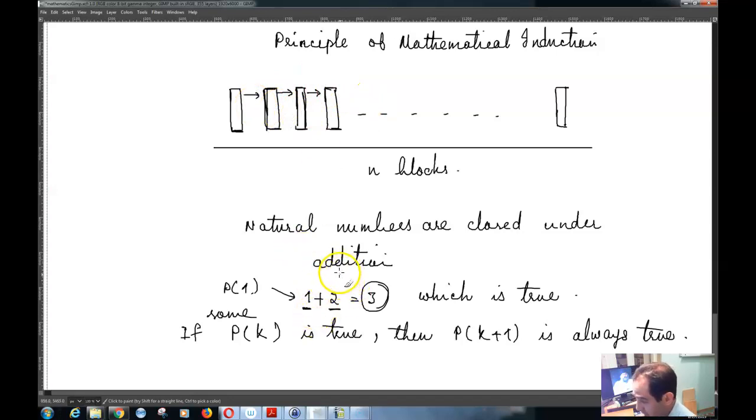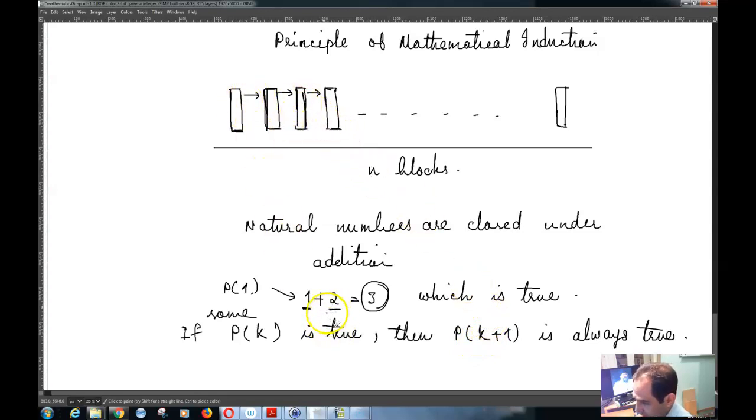So we usually pick some k, assume that the case is true for P of k, and then prove that the same result is true for P of k plus 1.